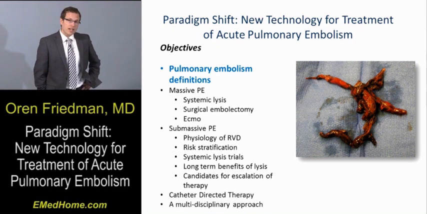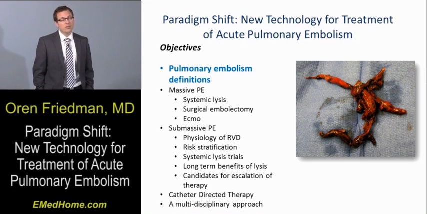We believe that clot maceration and aspiration's role should really be reserved for the massive pulmonary embolism population, the patient who's becoming so unstable that you need to do everything you can to get that clot burden down, to get blood from the right to the left.